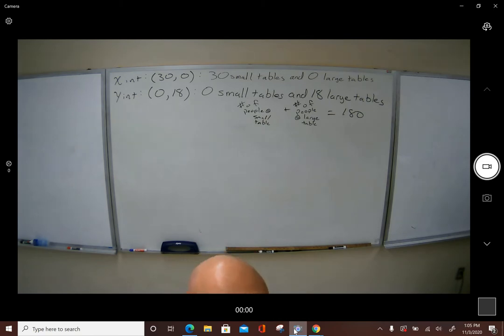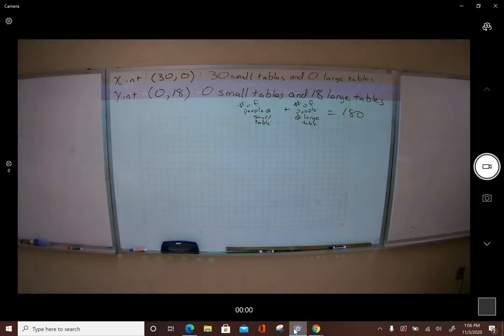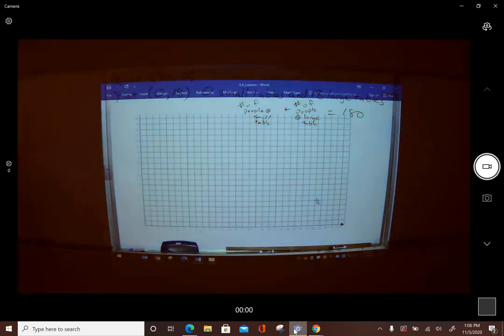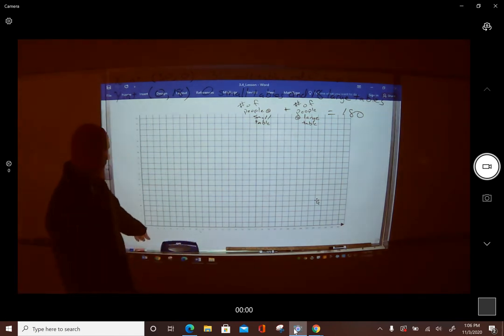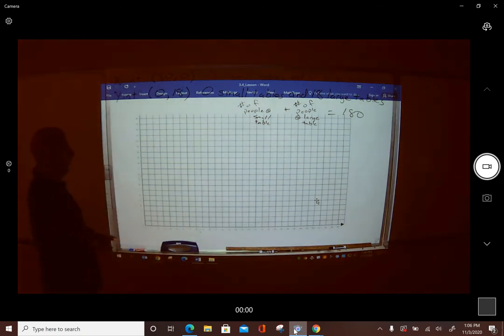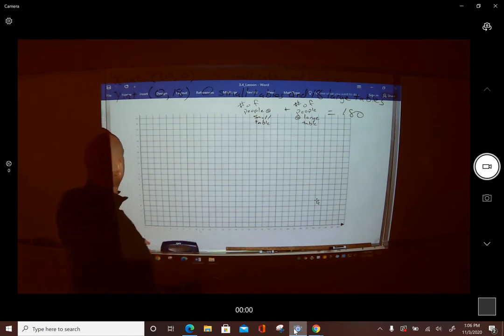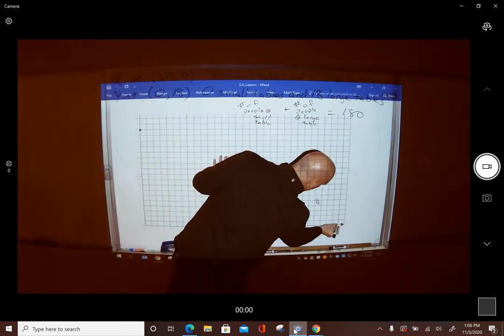I know this is going to be a little bit difficult to see. I'll turn the lights back off. But on your paper, you should be able to see these all go up by ones. So it goes from 0 to 30 and 0 to 20. We're going to plot our two intercepts. Our y-intercept is (0, 18), so we go all the way up to 18. Then I'm going to go all the way over to 30.